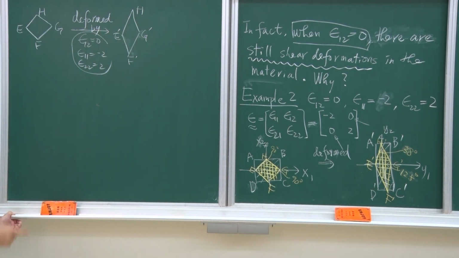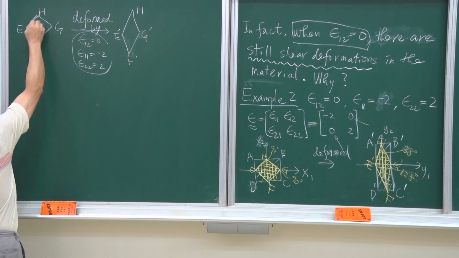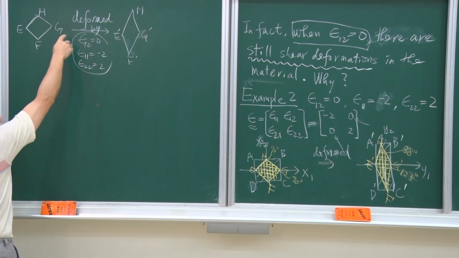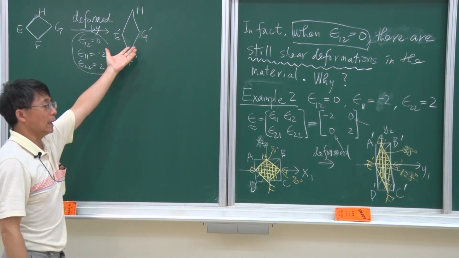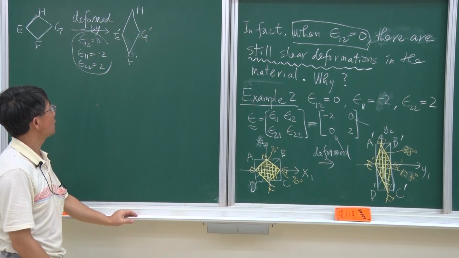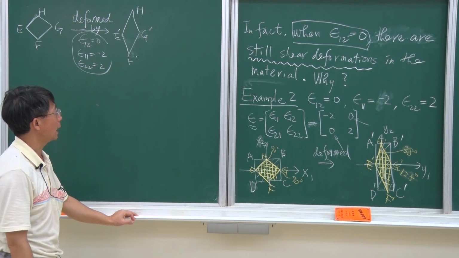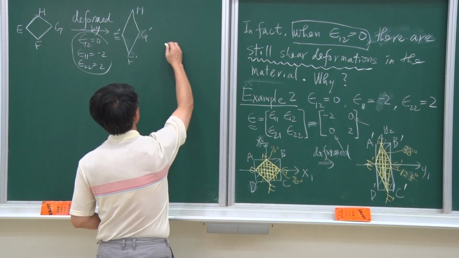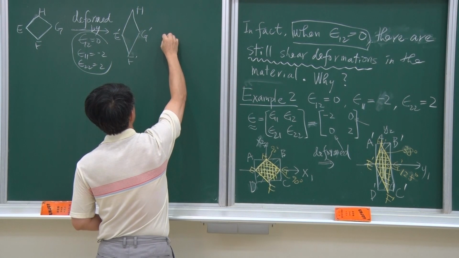So the square-shaped material EFGH has been deformed into a thinner material. Of course we have shear inside. We call this kind of shear pure shear.